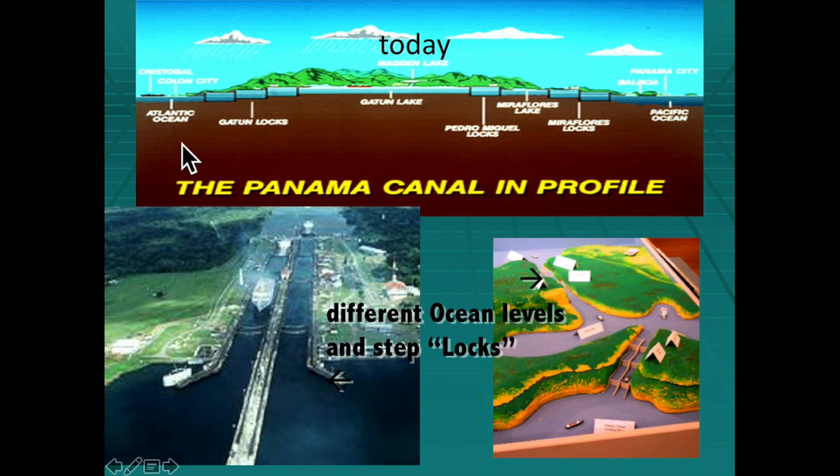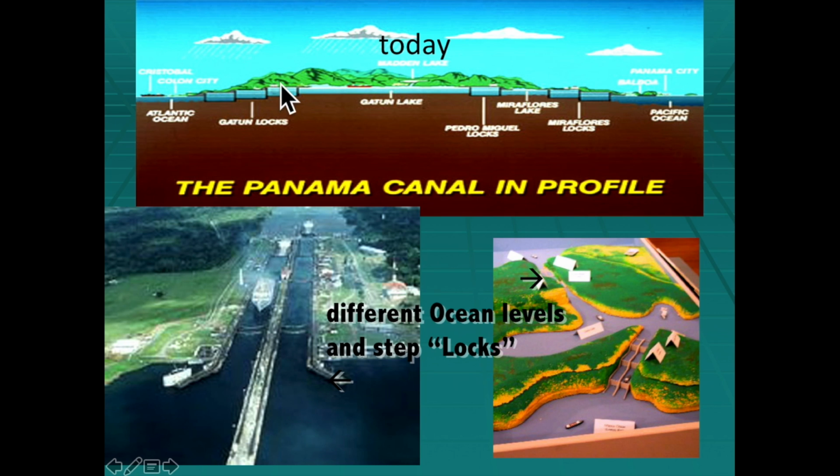This is what the Panama Canal after it was made looks a little bit like. It's Atlantic Ocean, Pacific Ocean, and it has to rise up. So these are very large transport ships. And they go to one lock, and it fills up, and they go to the next, like a step up, steps.